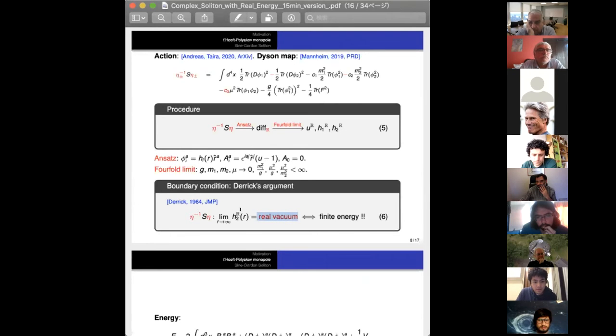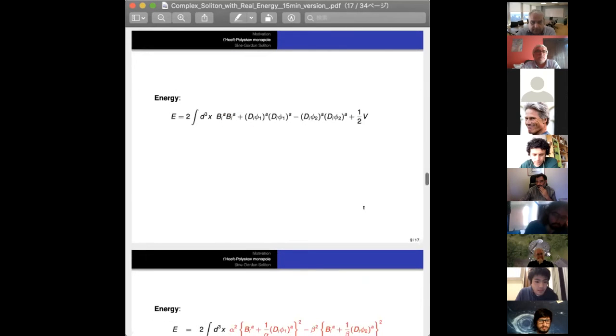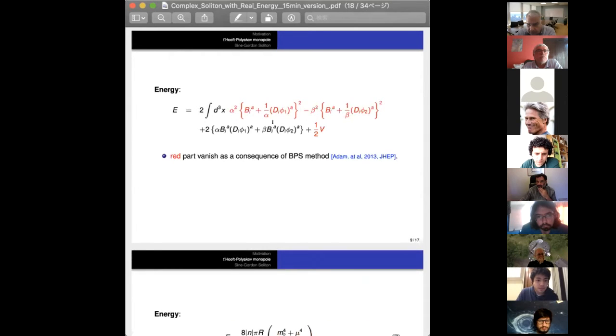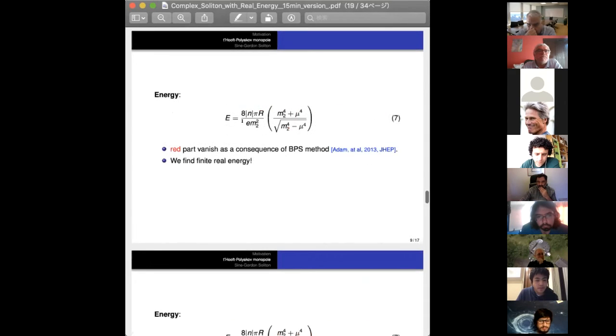Since the solution doesn't change, Derrick's scaling argument works perfectly, so you can fix your solution with this well-defined boundary condition. So now you find the finite energy. I was planning to explain each step of how to evaluate the energy, but since I don't have much time, I'll skip and just show you the energy. So this is the energy. Now you can see it's finite, and you can see it's real.